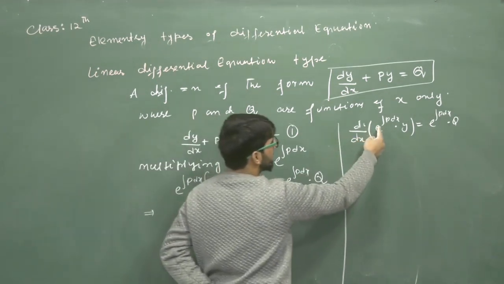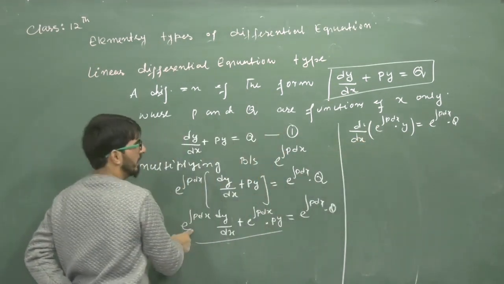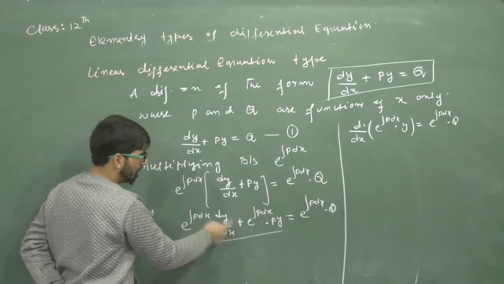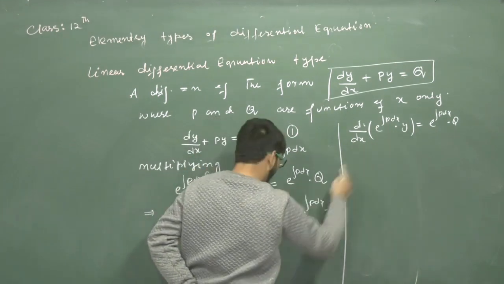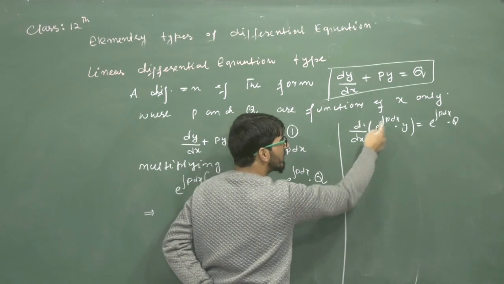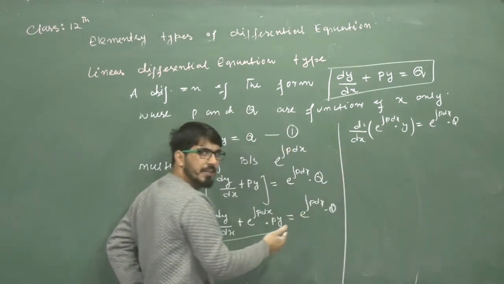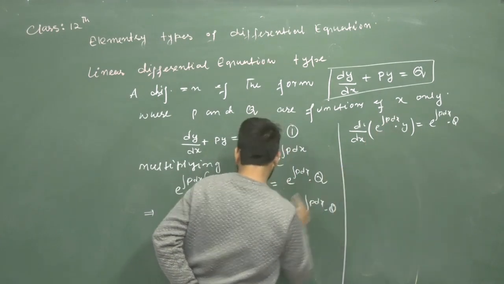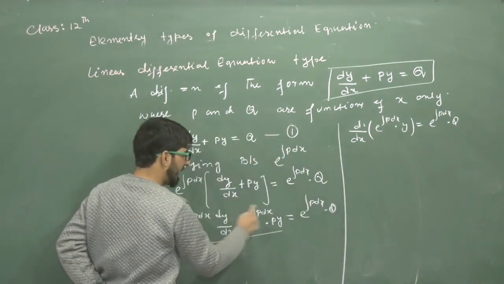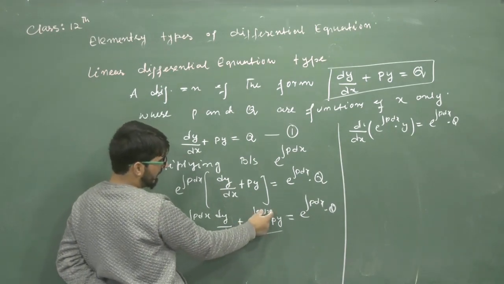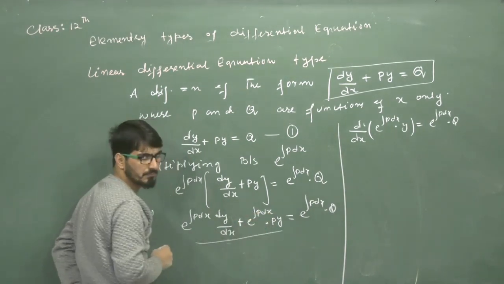Taking e raised to power integral p dx as it is, differentiation of y will be dy by dx, plus taking y as it is, differentiation of e raised to power integral p dx. As we know, differentiation of e raised to power x is the same e raised to power x, so we write e raised to power integral of p dx, and the internal differentiation will be p.